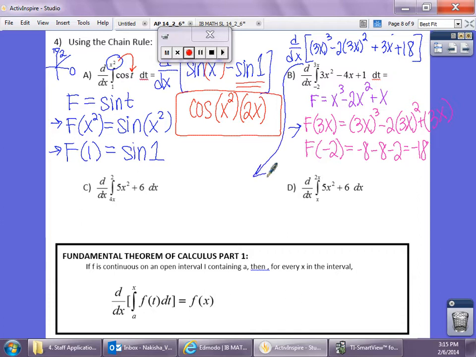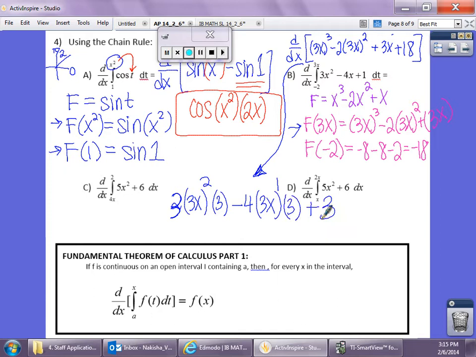Sorry, guys, running out of space. So, derivative of the outside, leave the inside alone, derivative of the inside, minus derivative of the outside, leave the inside alone, derivative of the inside, plus 3.